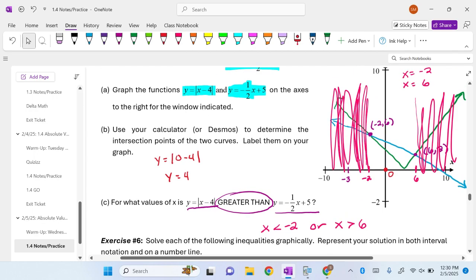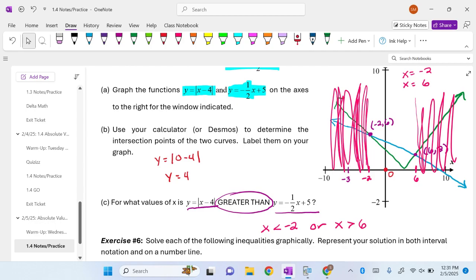So another way to look at it is if I'm looking at this sketch, you always find the points of intersection first, because that gives you the x values. Those are your stopping points, whether you're in between them or on the same side.